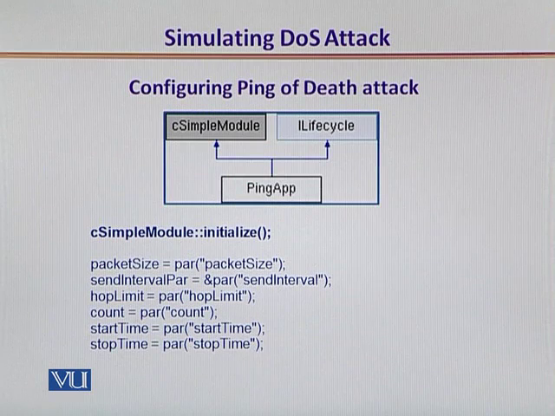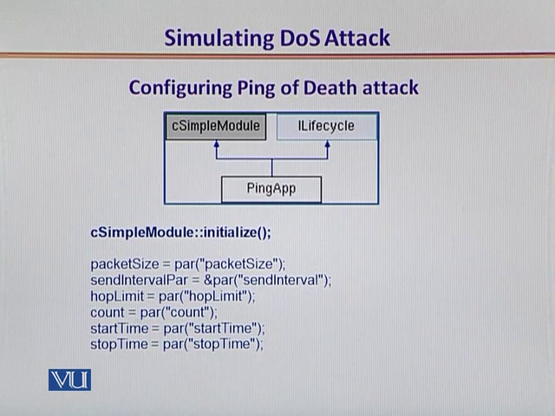A very simple way of carrying out an attack in Omnet++ is to look at the working of the ping protocol. Ping generally sends an echo from the source to the destination, but this ping becomes the ping of death if the number of ping packets that are sent from the sender become very frequent and very large.